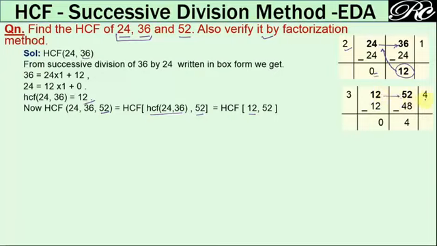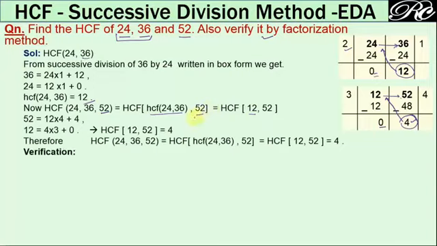We are getting 4 times 48. Remainder is 4. Now this 12 has to be divided by this 4. We are getting the remainder 0. So therefore this 4 is acting as the HCF of 12 and 52. So the HCF of all these three is calculated as 4.